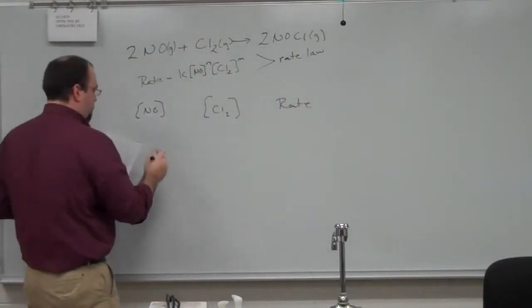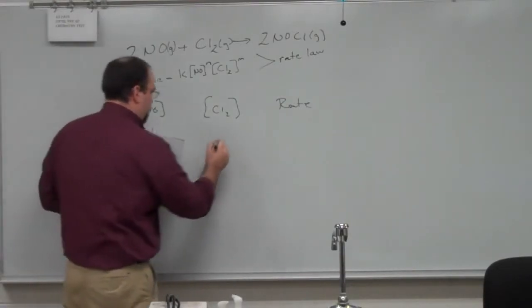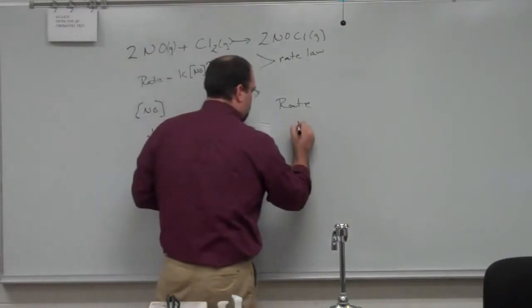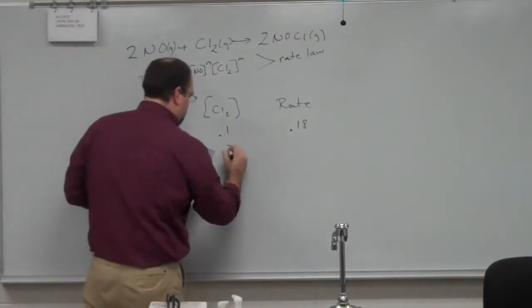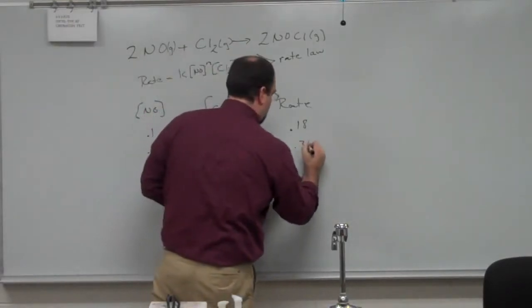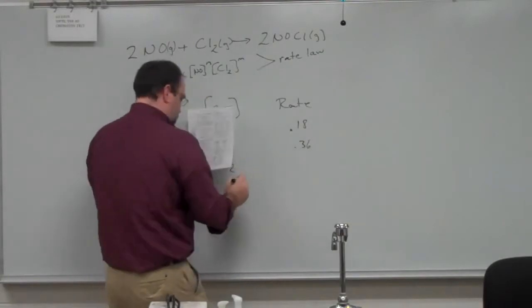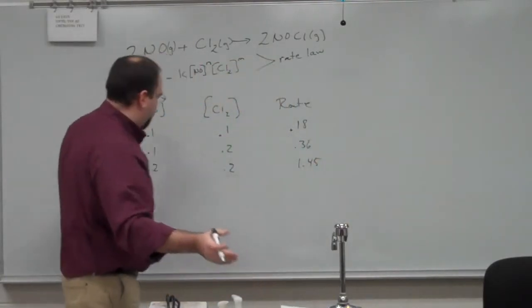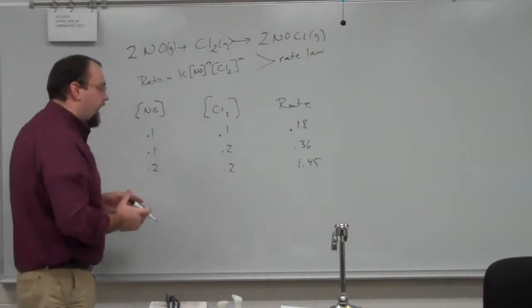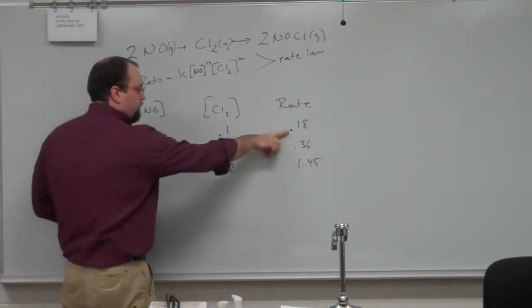For trial 1, I have 0.1 molar NO, 0.1 molar Cl2, and a rate of 0.18. Trial 2 has 0.1, 0.2, and a rate of 0.36. And trial 3 has 0.2, 0.2, and a rate of 1.45. So there's 3 trials, 3 runs. In each different trial, they changed concentrations and measured the rate.